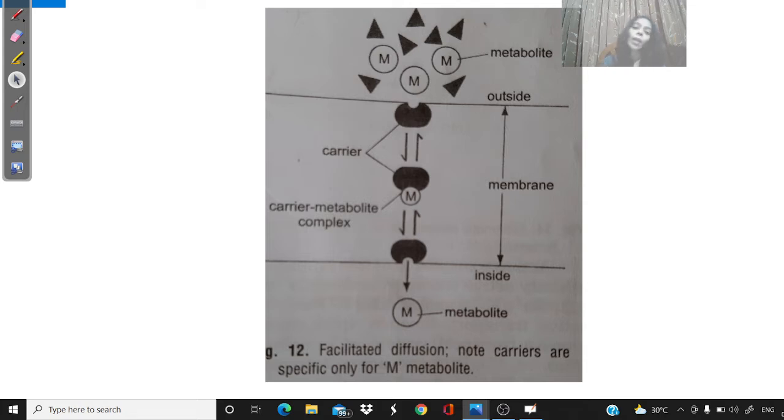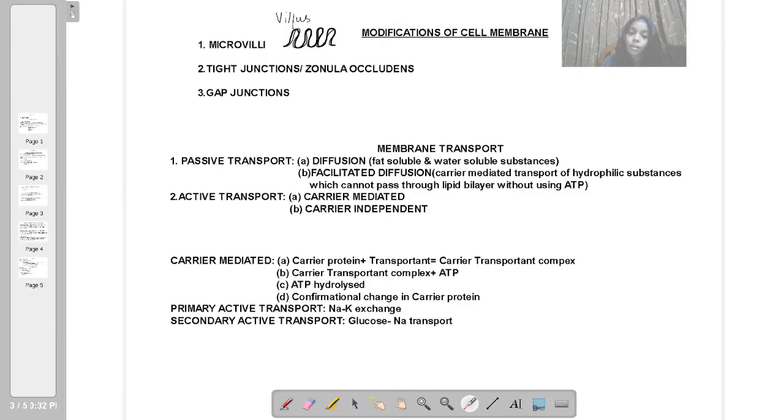And let me tell you one more thing. The carrier proteins are also of low molecular weight. Okay, so this is all about facilitated diffusion. So this is all about passive transport.